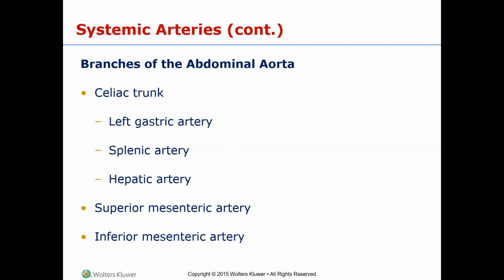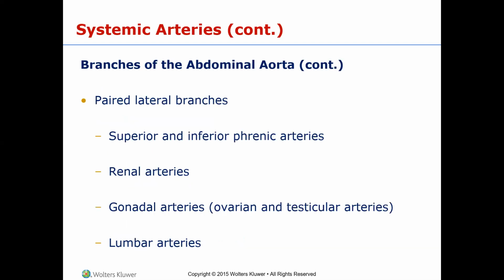The abdominal aorta, you're not responsible for this, but just to give you some insight, it supplies most of the intestinal areas. The left gastric artery, the splenic artery, which serves the spleen, the hepatic artery that is serving the liver, and then you have the intestinal arteries, the superior and the inferior mesenteric arteries.